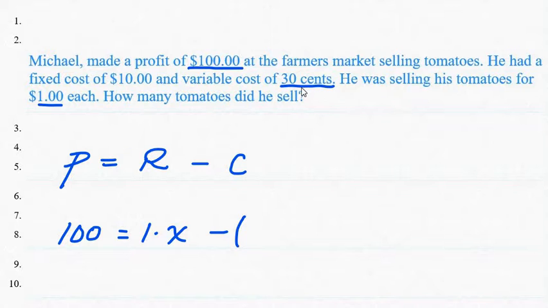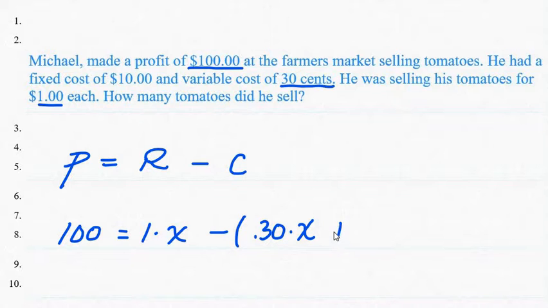This is how much it cost for him to grow each tomato. So there were things involved like water, labor, and so forth. So 30 cents times each tomato that's produced. This part right here, this 30 cents, is the variable cost.